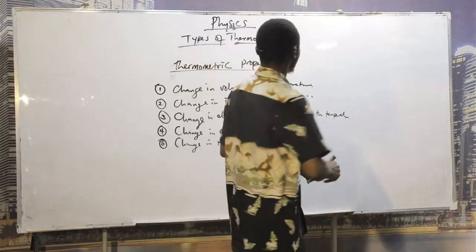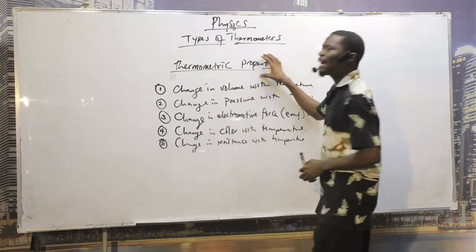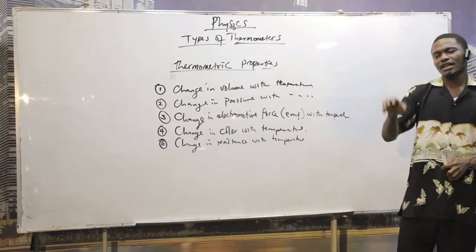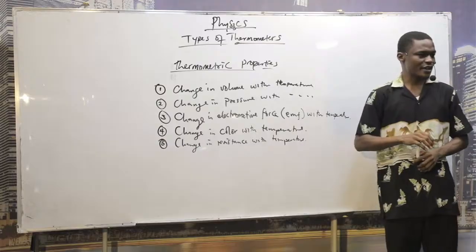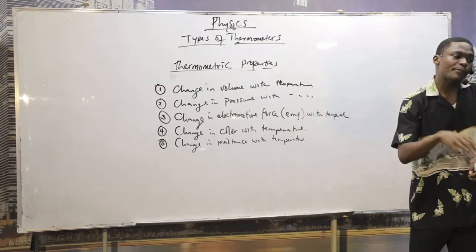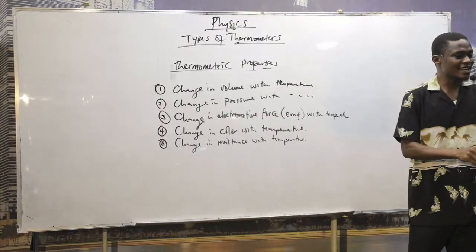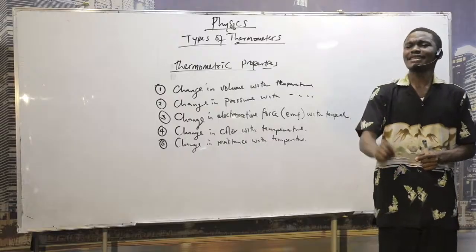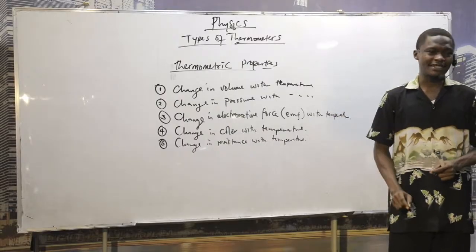Now, in terms of thermometric properties, we said that thermometers make use of thermometric properties to measure temperature. And what is a thermometric property? It is a physical property that changes with changing temperature. I don't think there is any physical property that does not change with temperature.